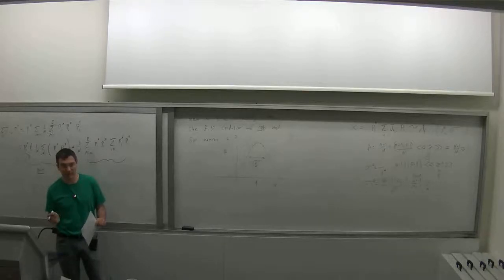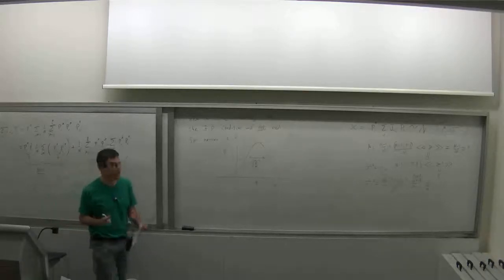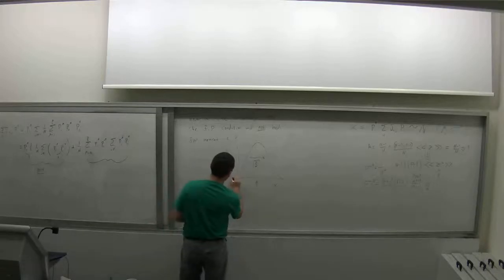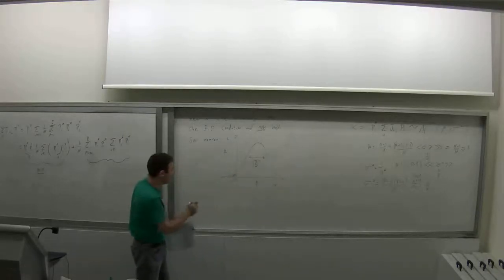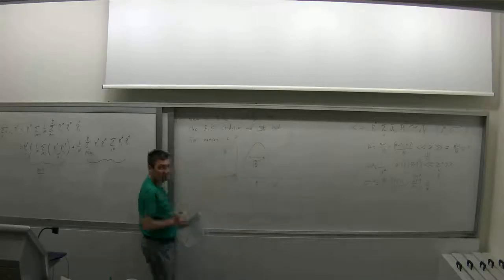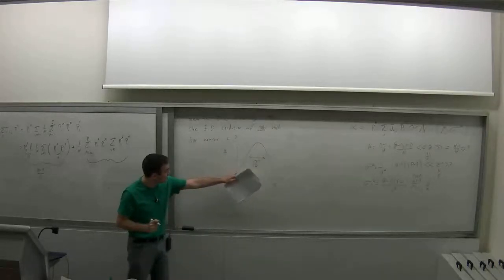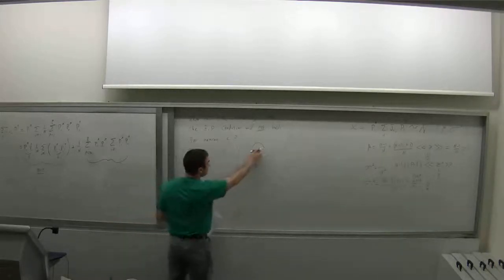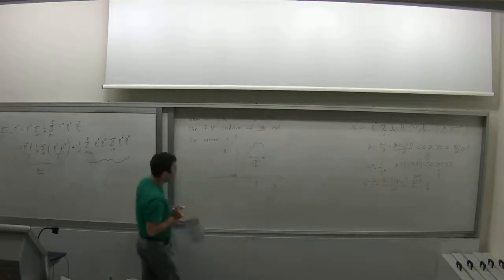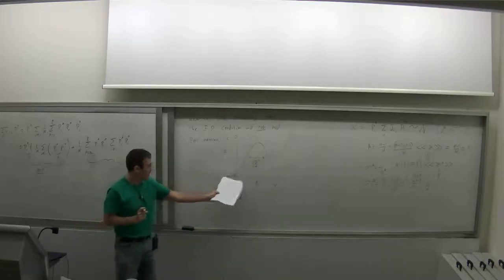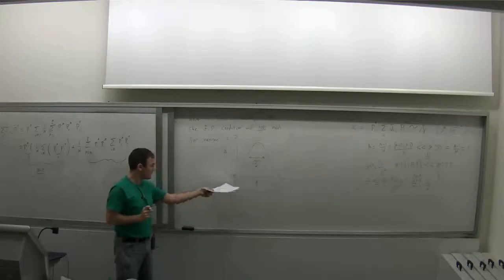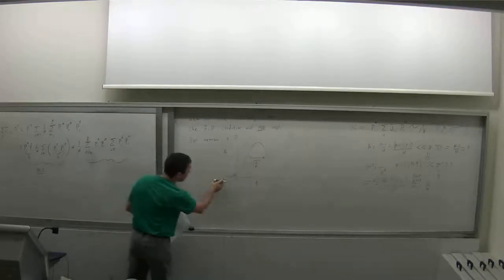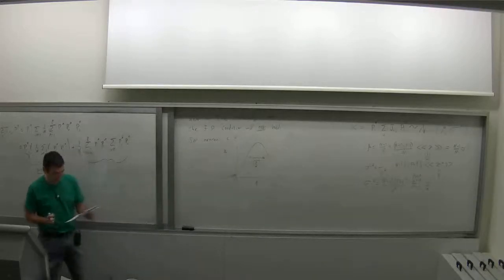That's the probability that X would be smaller than 0, and this is the area under this Gaussian, the negative part of this Gaussian.